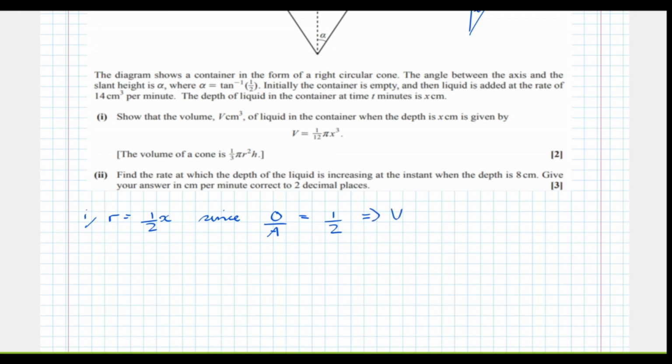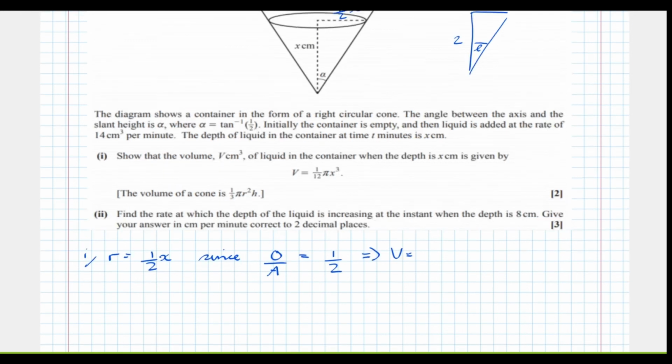So the volume is a third pi r squared times h, which indeed is a 12th pi x cubed.